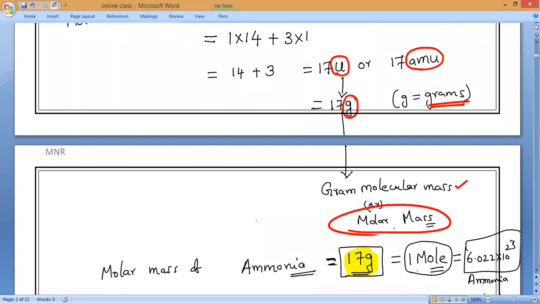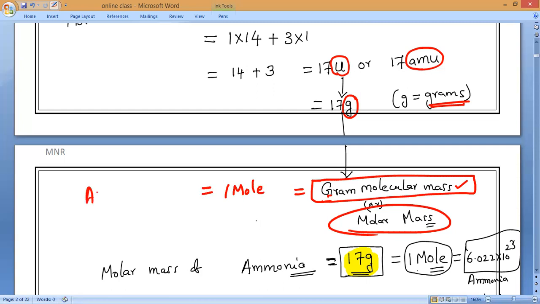Now, this gram molecular mass of any substance is equal to 1 mole of that substance, and 1 mole of that substance is equal to Avogadro number. Avogadro's number has a value of 6.022 into 10 power 23.